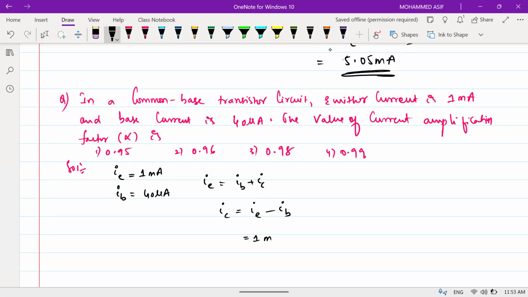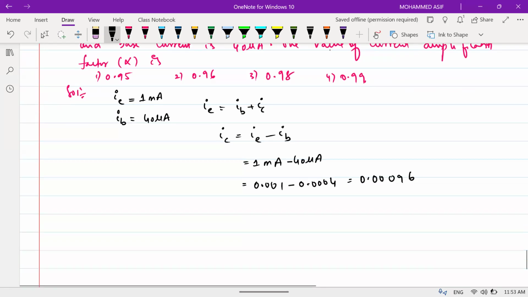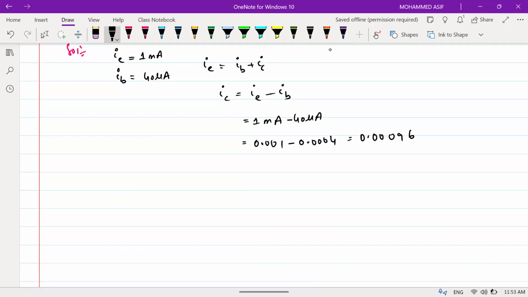That is 1 milliampere minus 40 microamperes, which is 0.001 minus 0.00004. So this value is 0.00096 approximately.